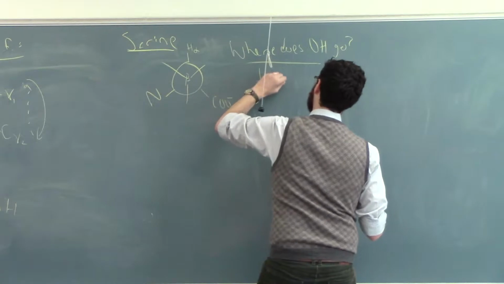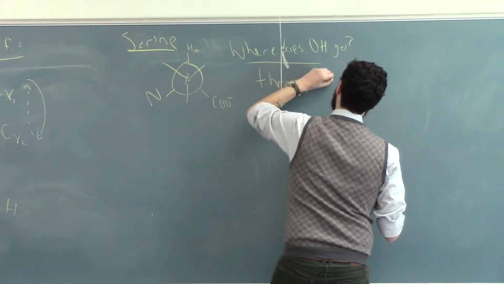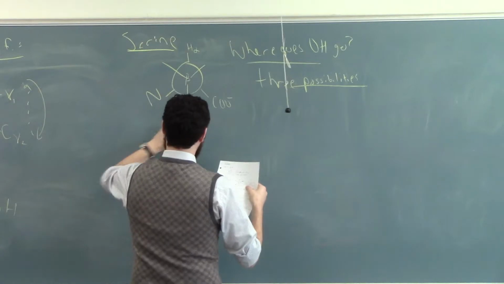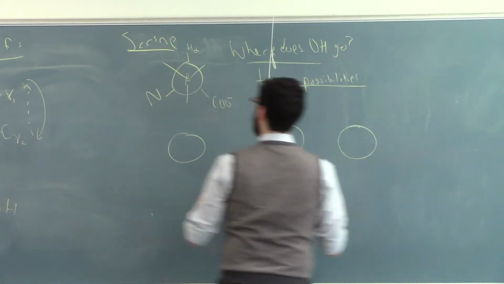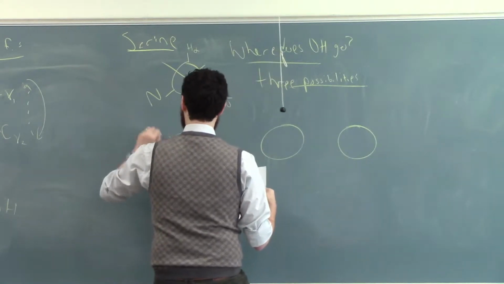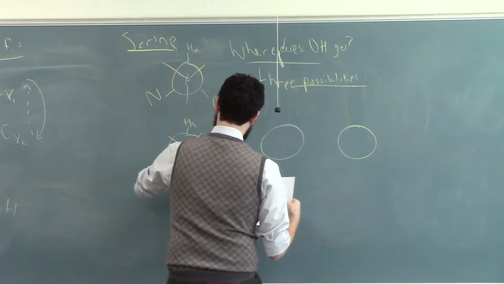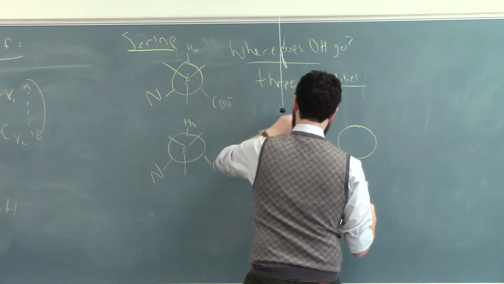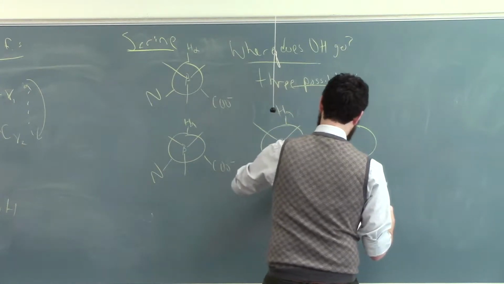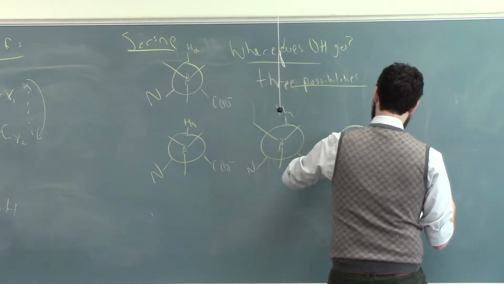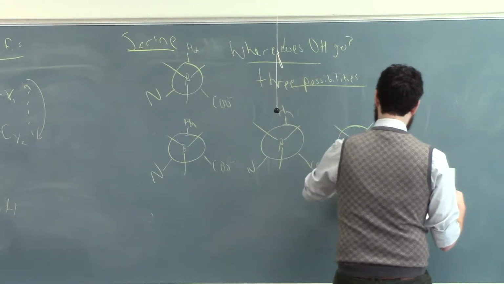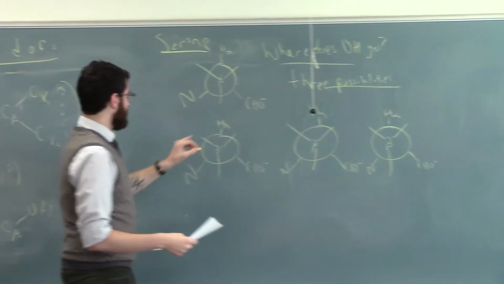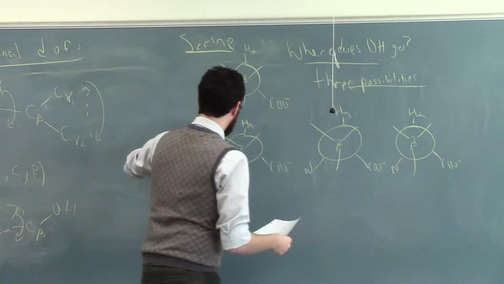There are 3 possibilities. So we can stick the OH here, here, or here. So draw all of these out.